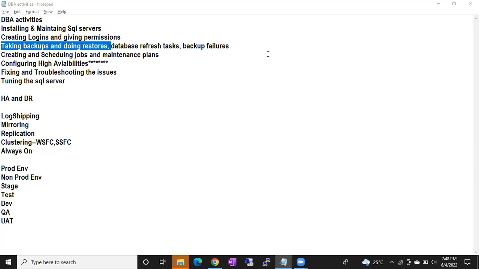How many backup servers will there be in real time? I'll tell you, Rajesh Babu. In real time, we will get some general questions: how many servers you are maintaining or have worked on, what your team size is, where your office is located, which project you are working on, which shift you are working in, what shifts there are, and what on-call is. Also, what your database sizes are, how big your database is, how many prod servers, non-prod servers, and stage servers.